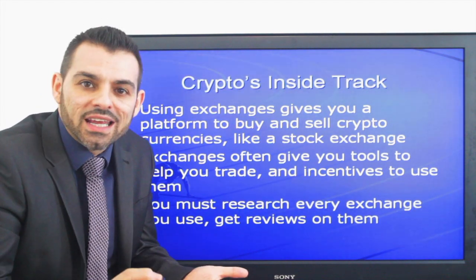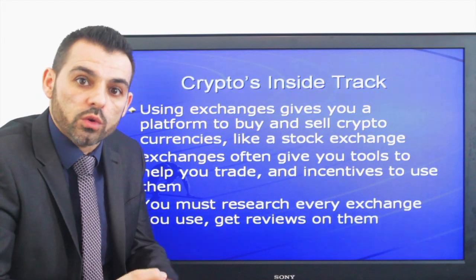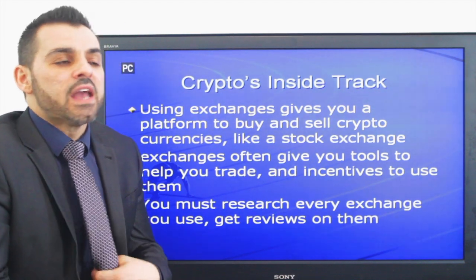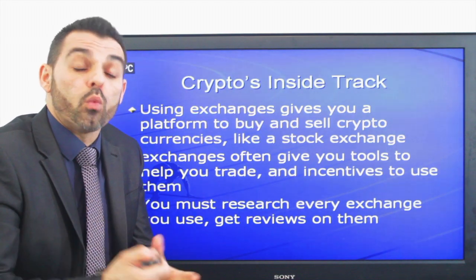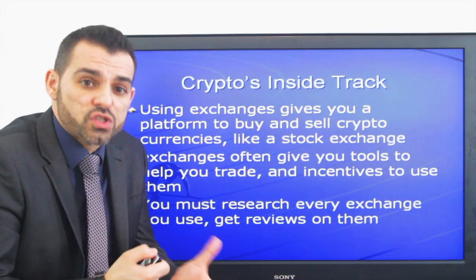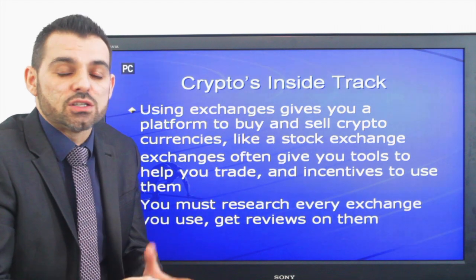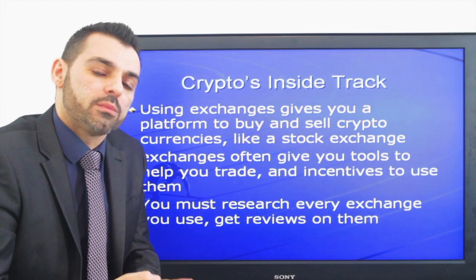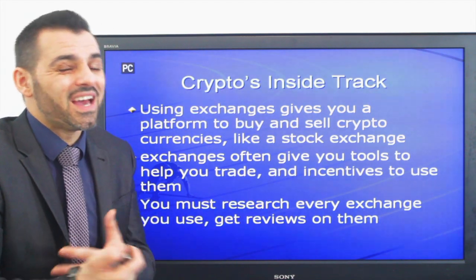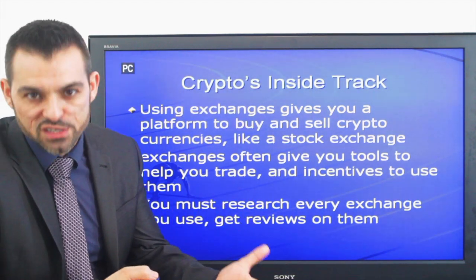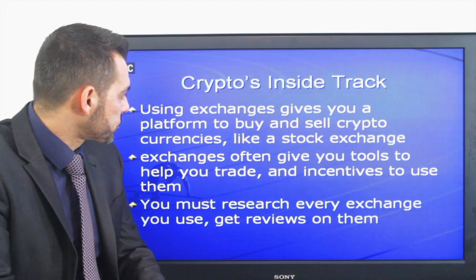Were there constant emails being sent backwards and forwards to resolve simple things? You really need to do your research, and one of the best ways to choose different exchanges is definitely by word of mouth, and the experiences of people that have used them, especially friends and family, so people that you know.